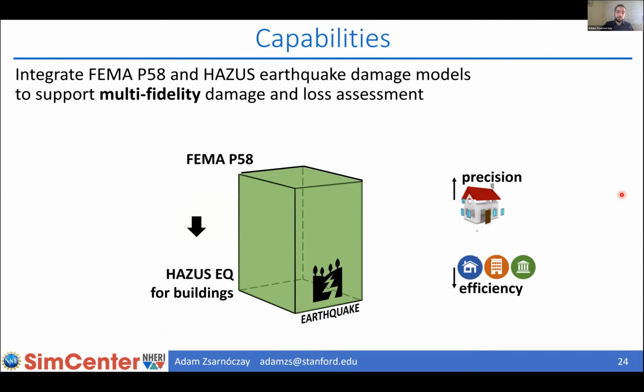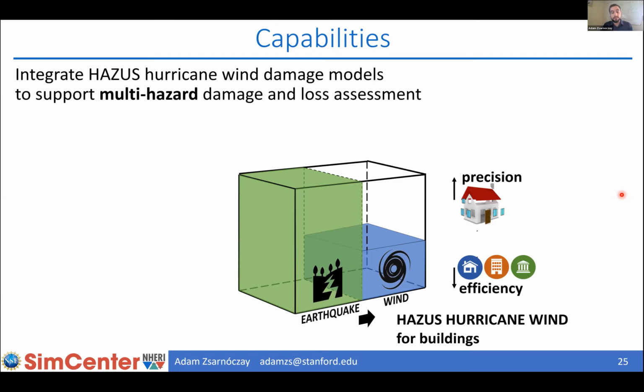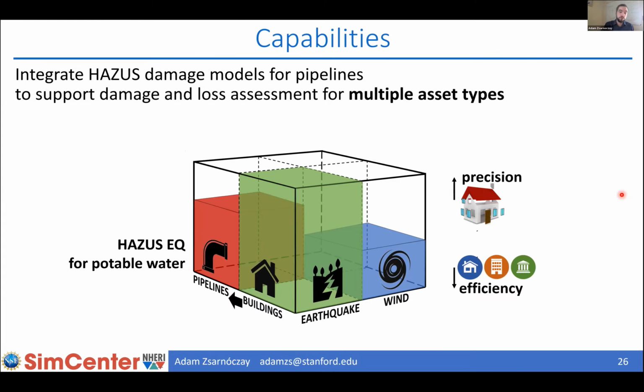So that's how we first expanded in fidelity. Then we went to wind hazards and introduced the HAZUS wind damage and loss assessment approach. And then we also included different assets by introducing pipelines, which is very different in terms of the description of the assets than buildings. So that's where we are at the moment.